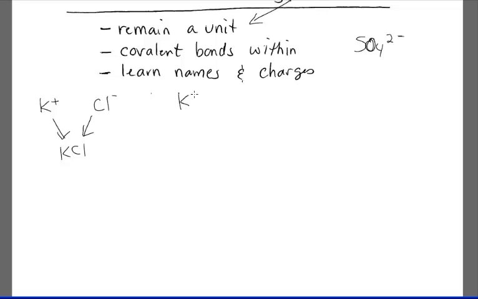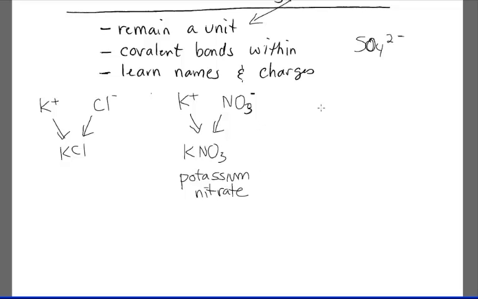If you have potassium and the polyatomic ion NO3-, it's still a -1 charge for that whole ion, so you still combine them 1-to-1 and you have potassium nitrate. So we learn the name nitrate refers to NO3-.